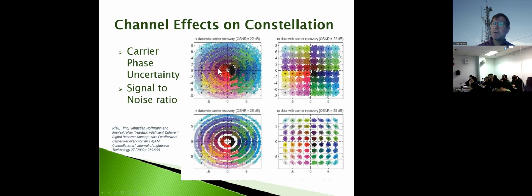Now, what are these on the left-hand side? Well, when you transmit your signal over a channel and you receive it, you don't know exactly how many wavelengths that channel is, typically, right? And it might be changing, right?